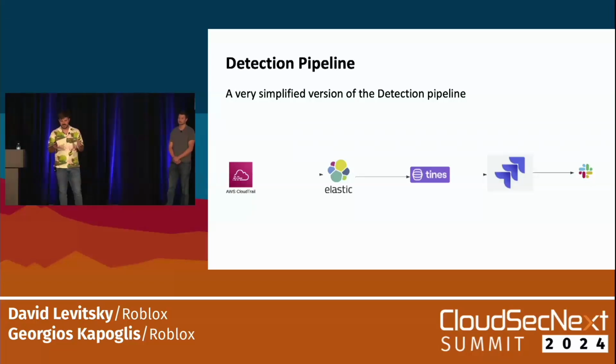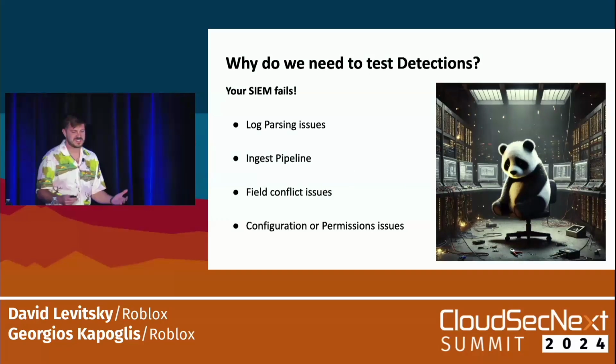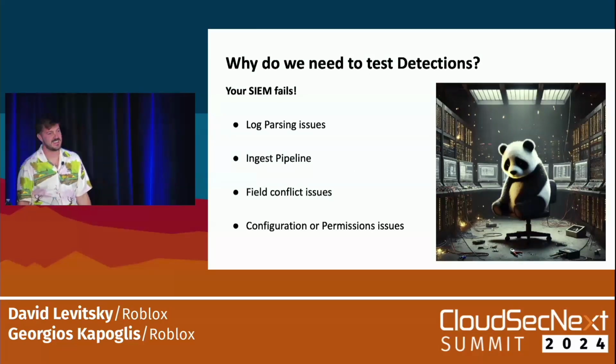So why I'm presenting this is because everything here might break, right? From the beginning to the end. Let's dive into that. So I might be a sad panda like this picture if my SIEM fails, right? And that's after we got CloudTrail working, we got our logs in, but our parser failed for some reason. Or we edited our ingest pipeline and that started dropping our CloudTrail.